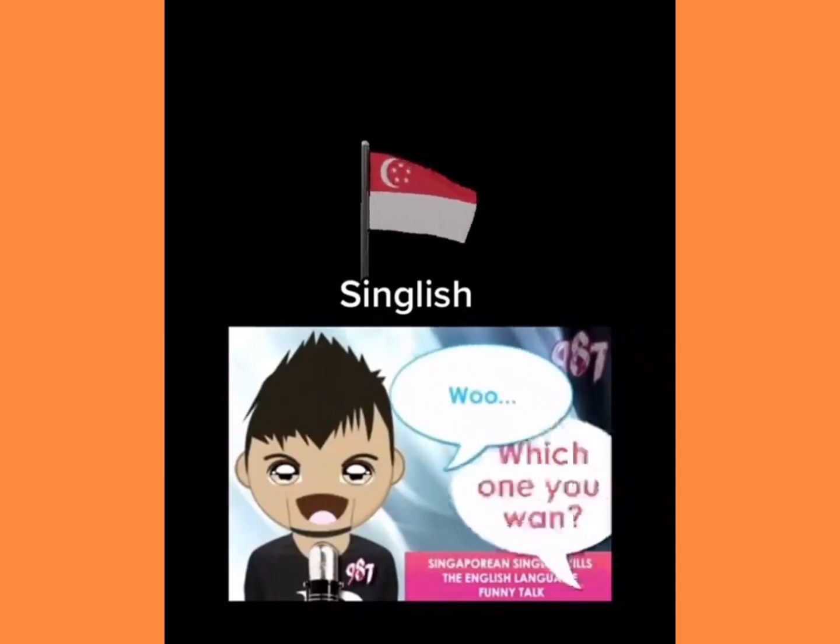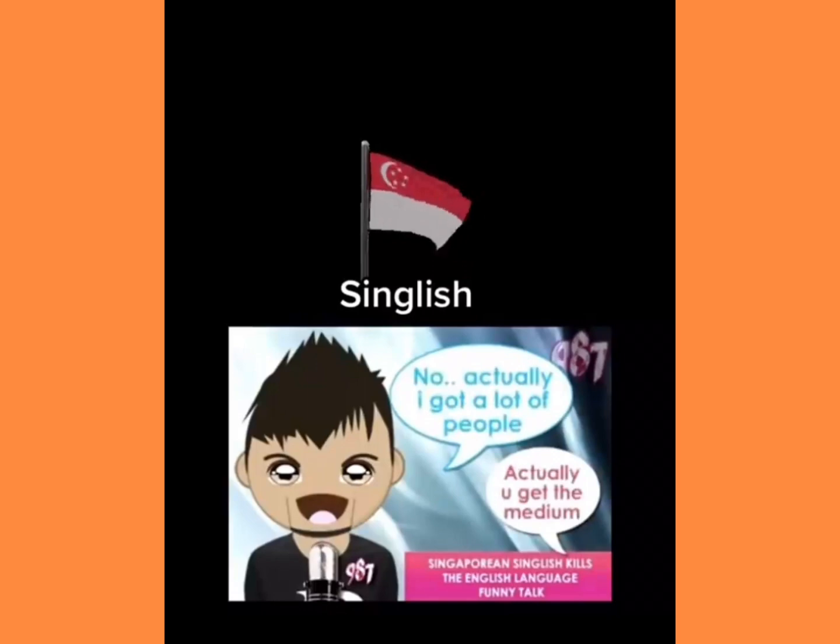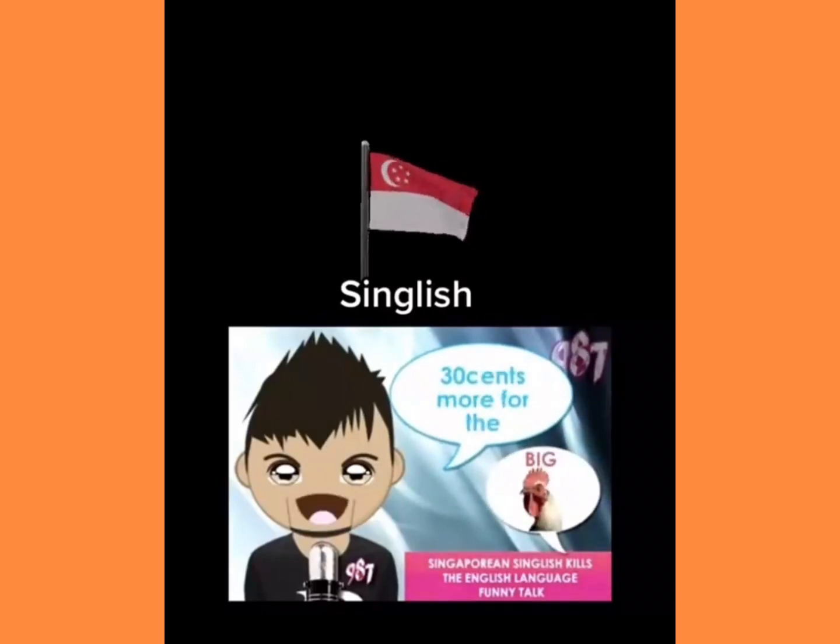Big coke also got. Which one you want? Also can three coke for price of one. I give you. You order enough. I give you that. What? Wow. Mm. What a great. Okay, So- I'll take that lah. Which one? Small one. No, I got a lot of people. You give me you get the medium 30 cents more. I give you big coke. 30 cents more for the big one.